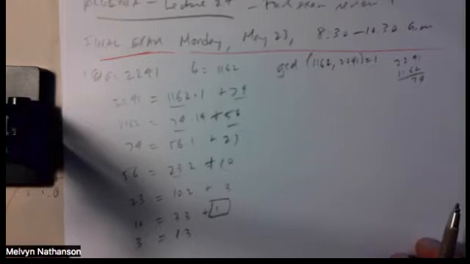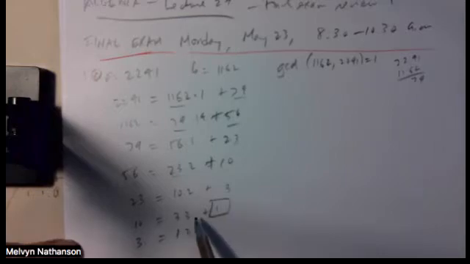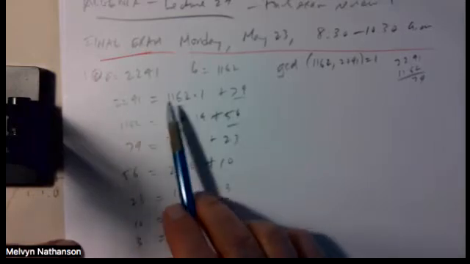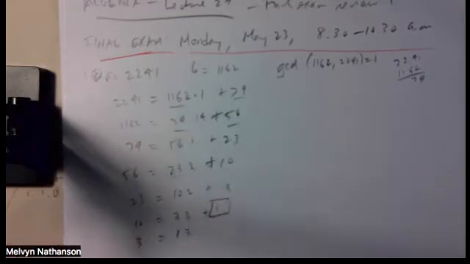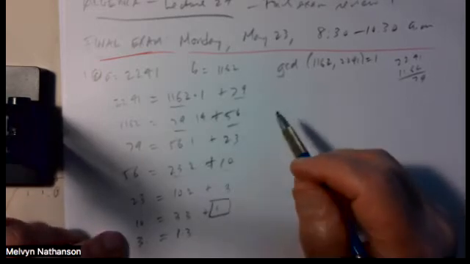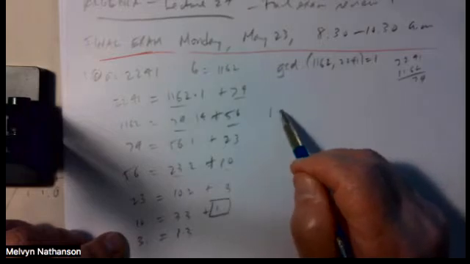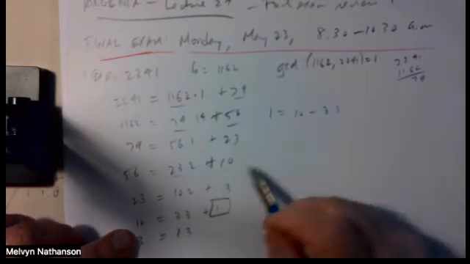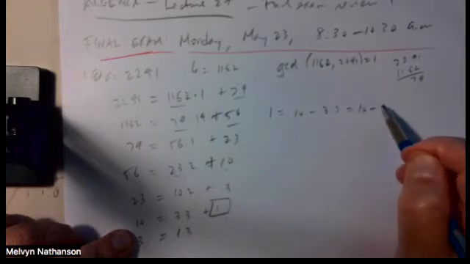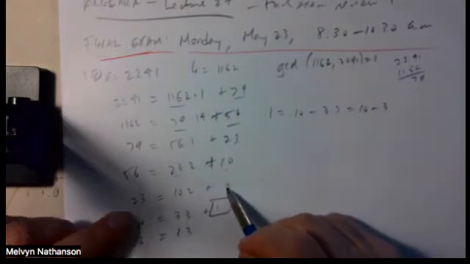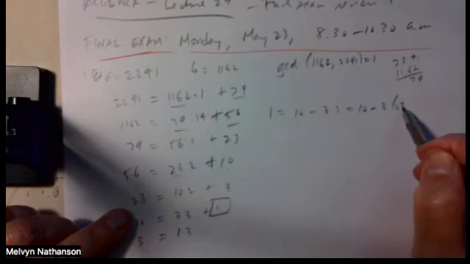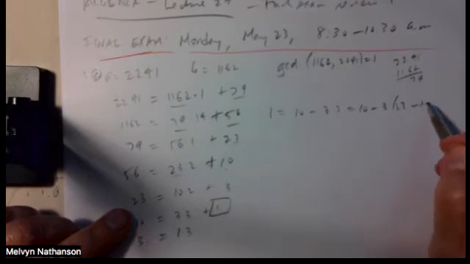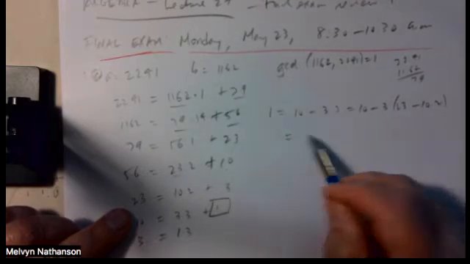And if you want to write 1 as a linear combination with integer coefficients of 2241 and 1162, you just work the Euclidean algorithm backwards. So you say 1 is 10 minus 3 times 3, which is 10 minus 3, but 3 is 23 minus 10 times 2.